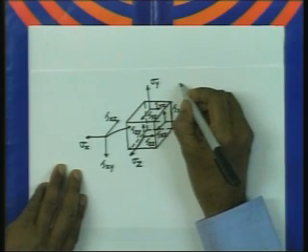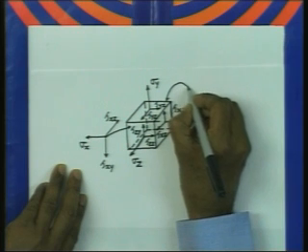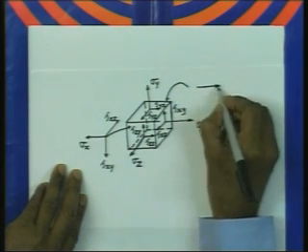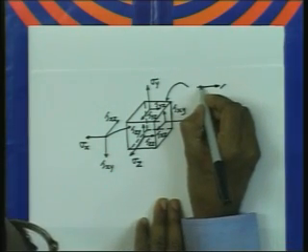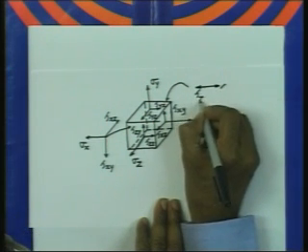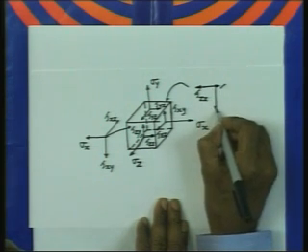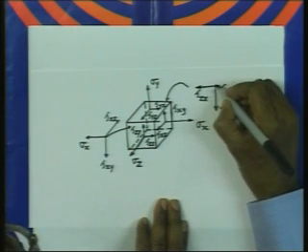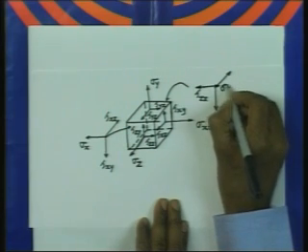Similarly, on the negative z face, the shear stress is going to be directed in the negative direction because it is the negative z face. So this is tau zx, and we are going to have the shear stress here tau zy, and the normal stress is going to be directed like this, which is sigma z.